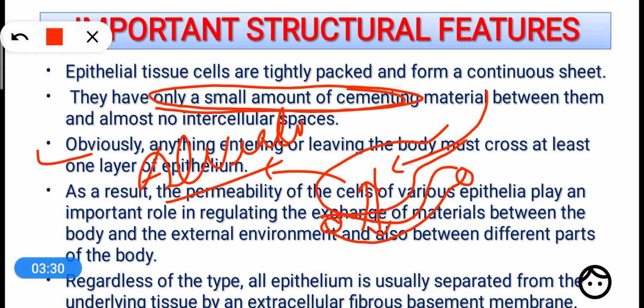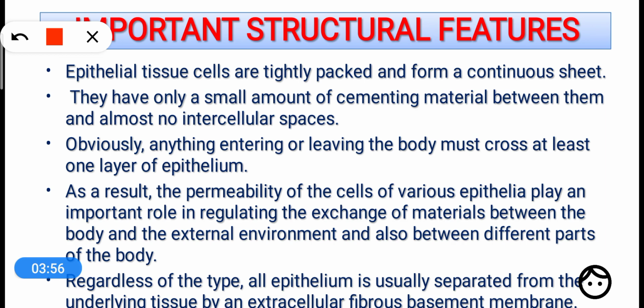During this process it crosses 2 types of epithelium. Right? One epithelia is of alveolar wall and another epithelia is of blood vessel. So dear students, this is how we understand that whenever something enters or exits the body, it has to pass at least one epithelial layer.